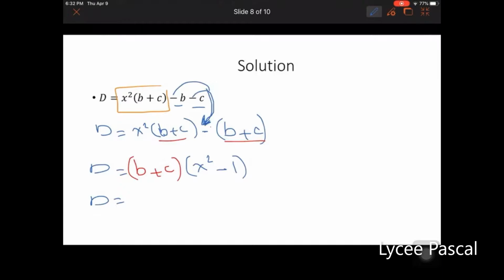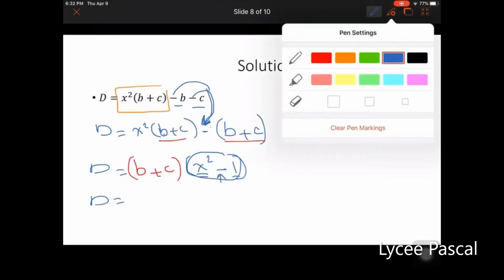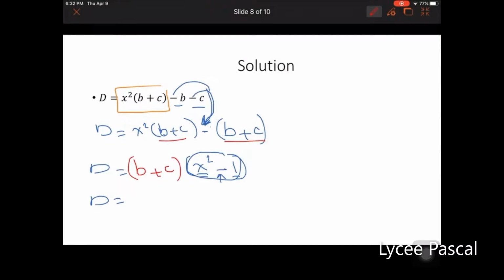Don't forget this. So d equals b plus c into x minus 1 into x plus 1, and this is the factorization form of d.